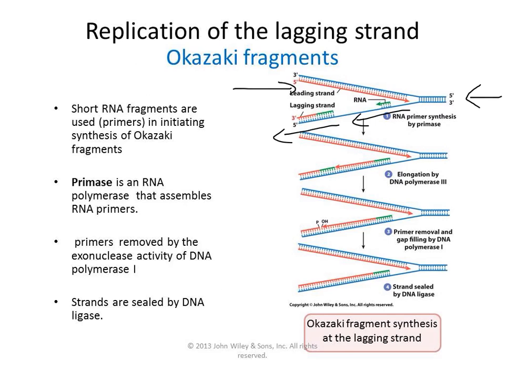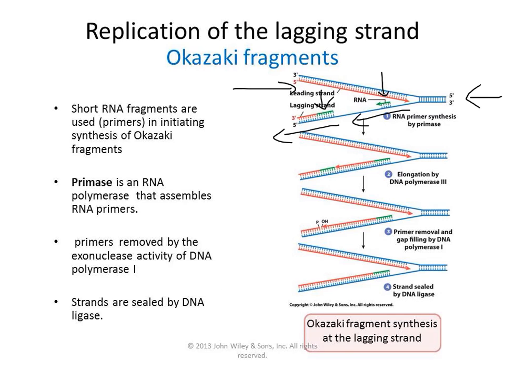Now, you'll notice the primers that are ultimately required for each of the Okazaki fragments, so that DNA polymerase can assemble off of those primers and continue the strand. The primase is obviously important for assembly of those RNA primers that the DNA polymerase will then assemble off of.